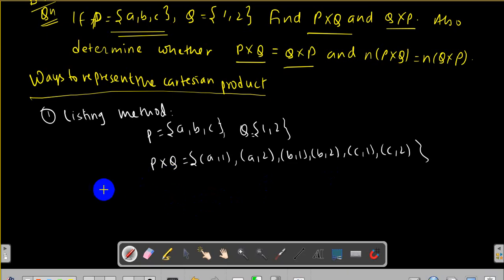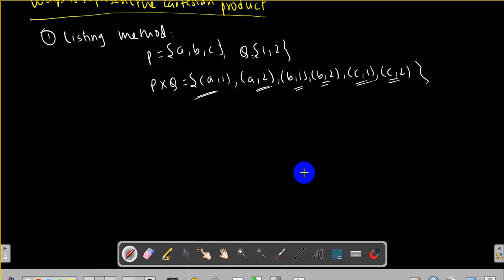So this method is called the listing method. Understood this? Yes, sir. Okay. If the ordered pairs are listed in this way, it is the listing method.